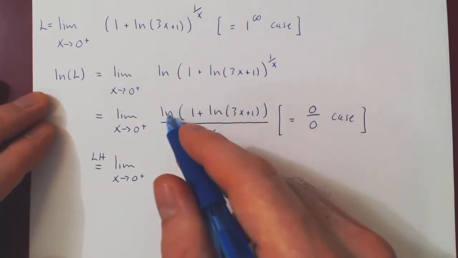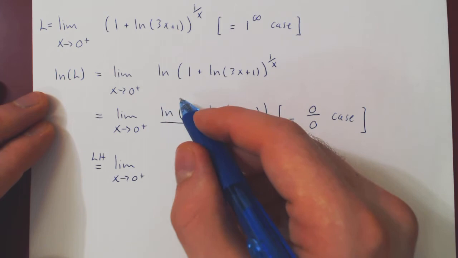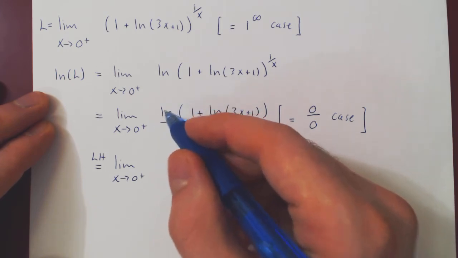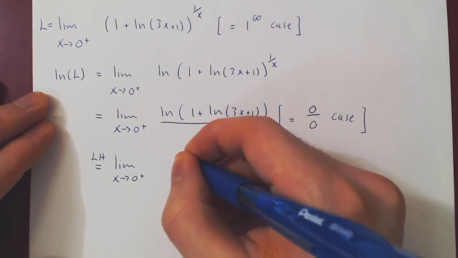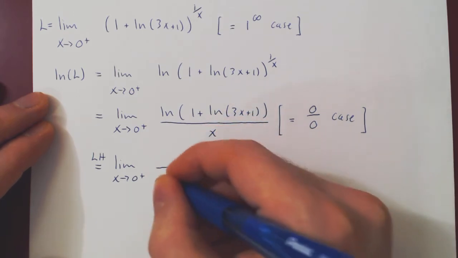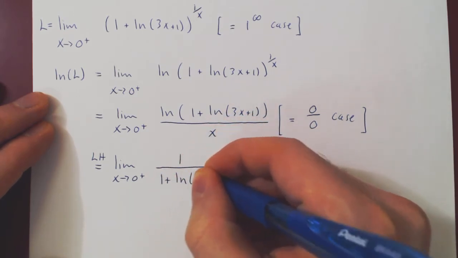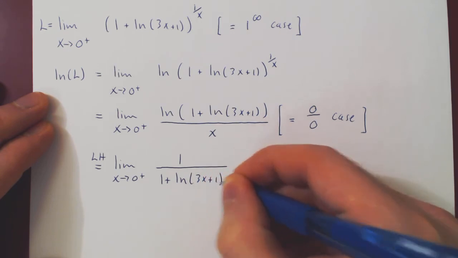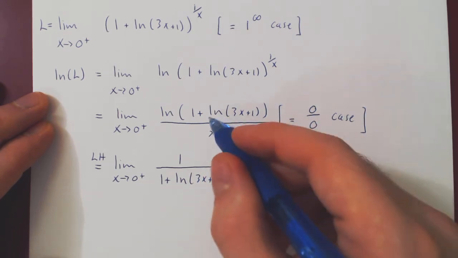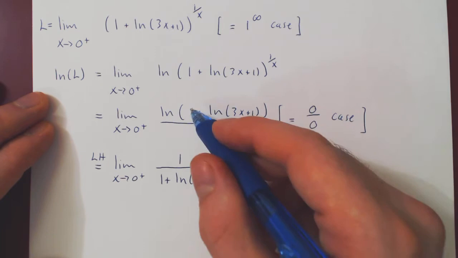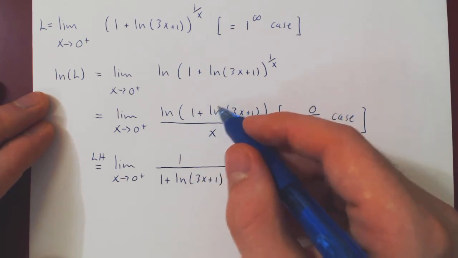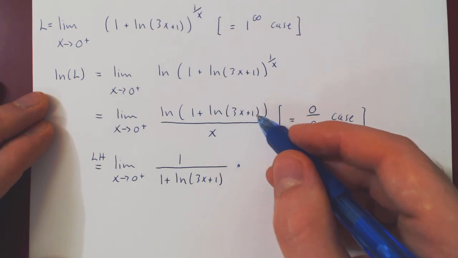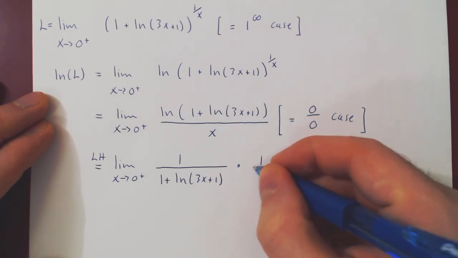So we differentiate our numerator first. The derivative of ln, being the outside function, we're applying the chain rule here, is 1 over the argument. So 1 over 1 plus the ln of 3x plus 1 times, by the chain rule, the derivative of the argument. The derivative of 1 is 0, plus the derivative of ln again is 1 over the argument.